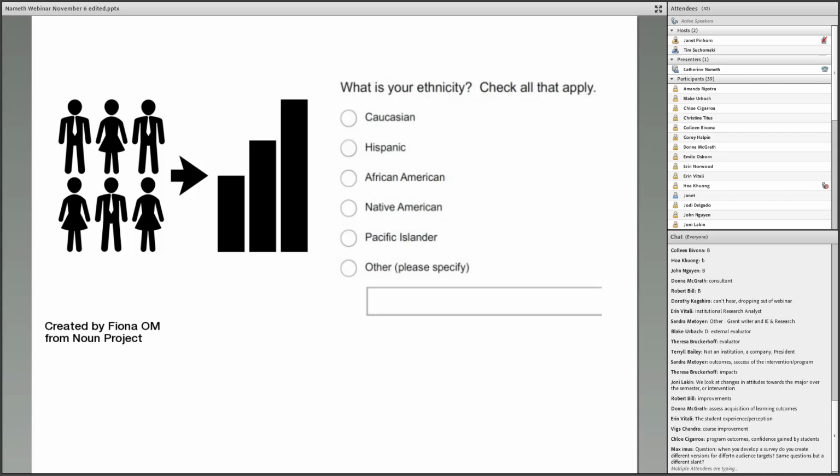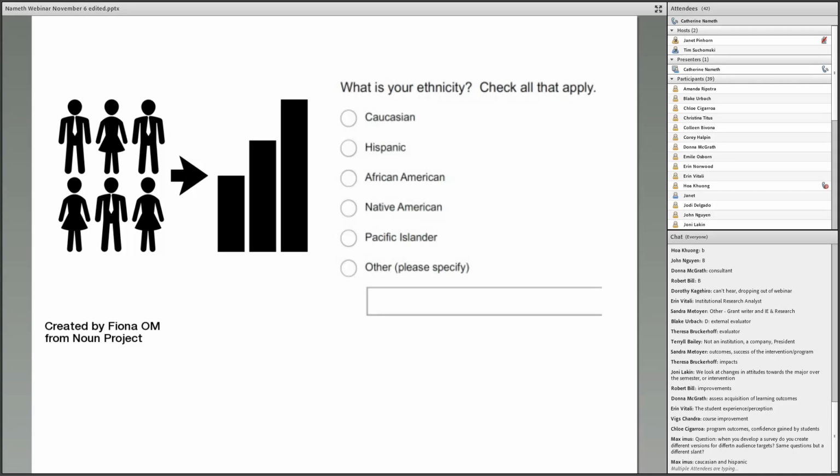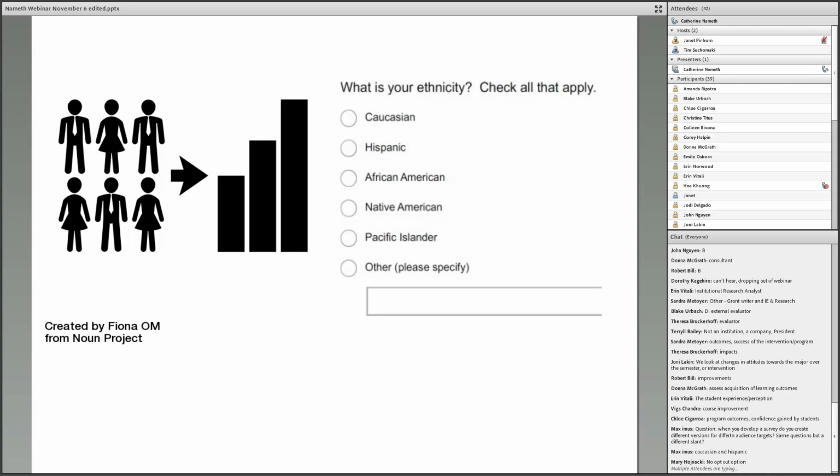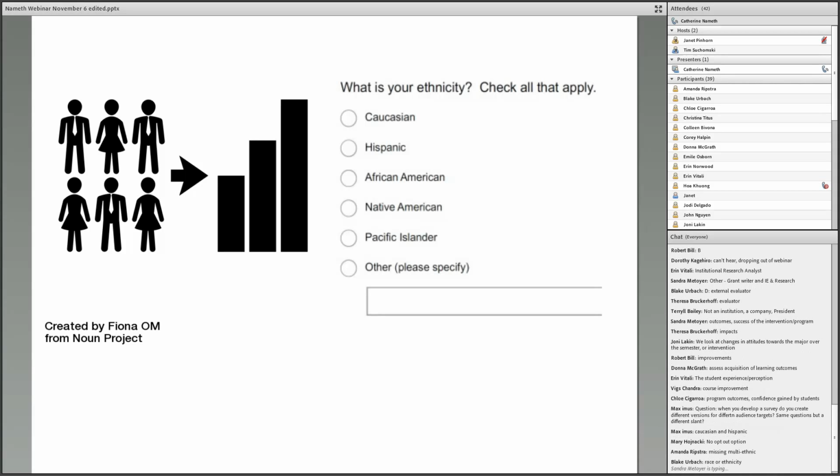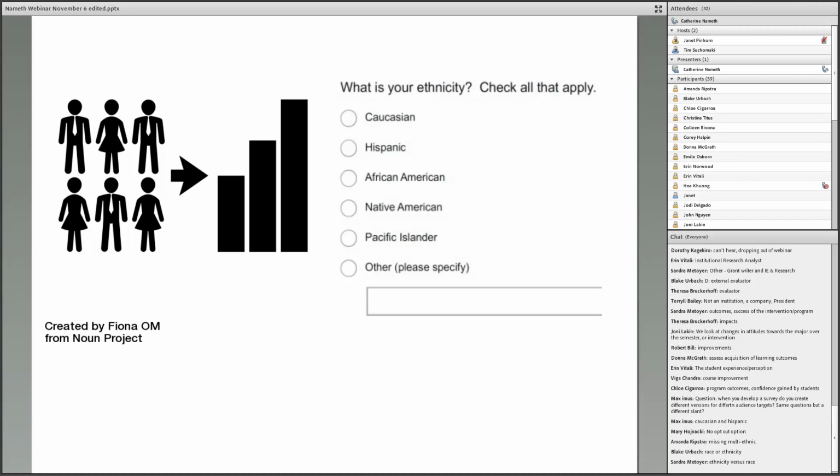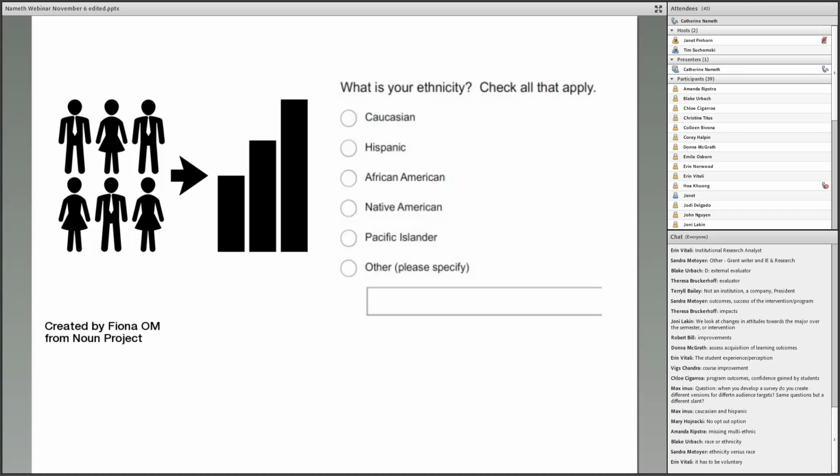Multiple people are typing right now, so we will just wait a moment to see what they say. Right, there's no opt-out option, and this question, as people have correctly identified, mixes race and ethnicity.